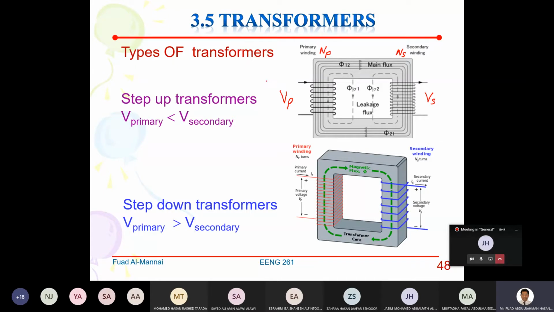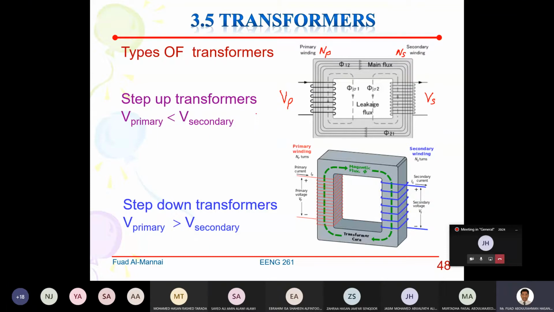That means you put a sine wave, for example 10 peak to peak, in the primary, and VS will be probably 50 or 30 peak to peak, depending on how many windings you have on the secondary. So when NP is less than NS, VP will be less than VS. Therefore, you have a step-up transformer.